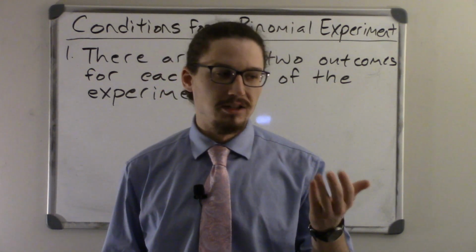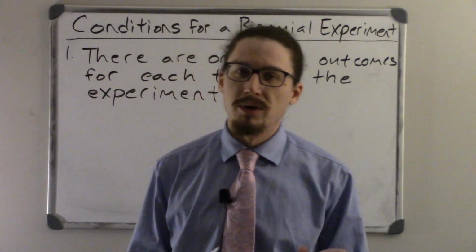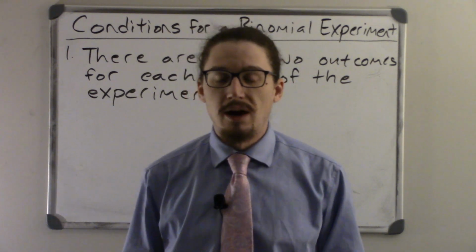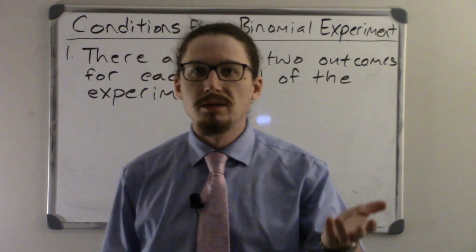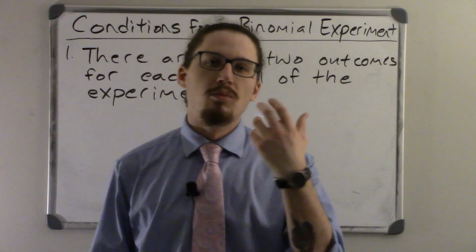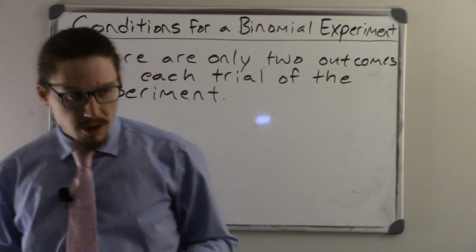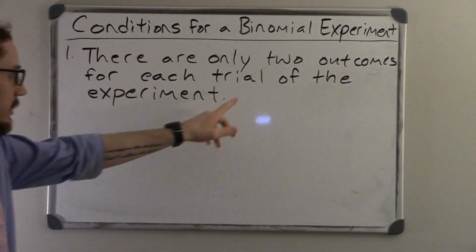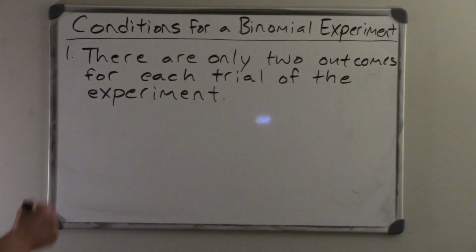We could define a success as rolling an odd number and a failure as rolling an even. That way we have only two outcomes for each trial. We could say a success is rolling a 1 and a failure is rolling 2 through 6. We can establish that so that we only have two outcomes. But that is an important condition. If there are more than two outcomes for each trial, then it's not a binomial experiment. So we have to have only two outcomes.